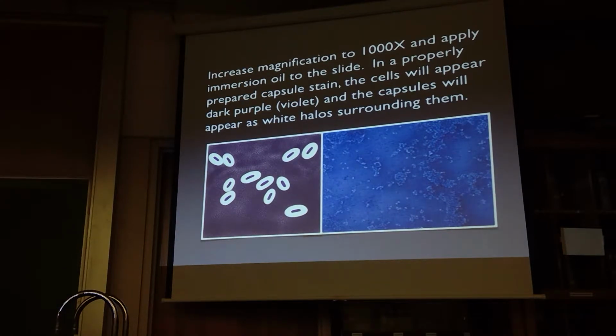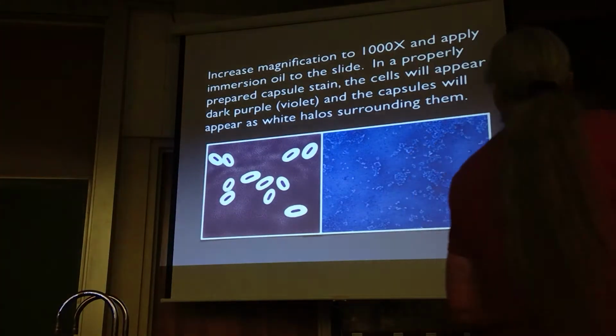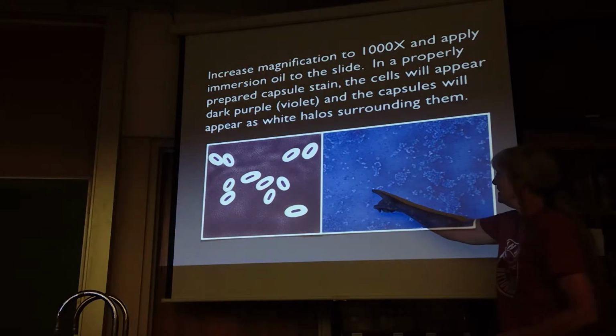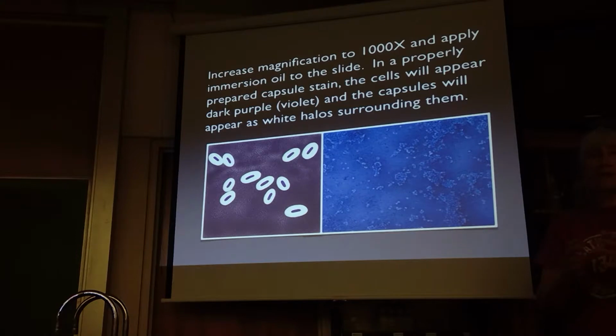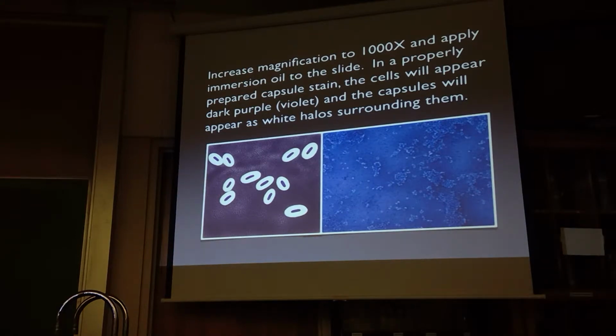What you see on the left is an illustration. Those are really big capsules, easy to see. What you see on the right is what you actually see. The capsules are tiny. Well, the bacteria are tiny in the first place. Can you see the capsule? White halo. Sometimes, if you have cells that are in what we call a tetrad, where you have 4 cells in a group, the capsule will be on the outside of the tetrad.